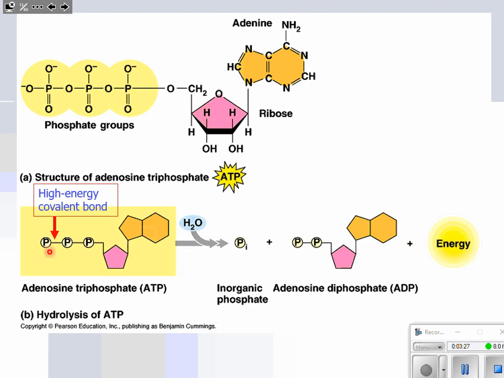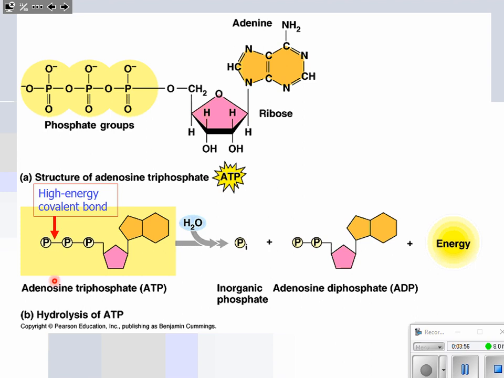And again, we can think of especially this bond between the second and the third phosphate as being a really, really high energy bond. There's a lot of energy stored there. That's the idea. ATP, its one job is to store a little bit of energy within a cell, energy that can be tapped into whenever the cell needs some energy to do any kind of cellular work.